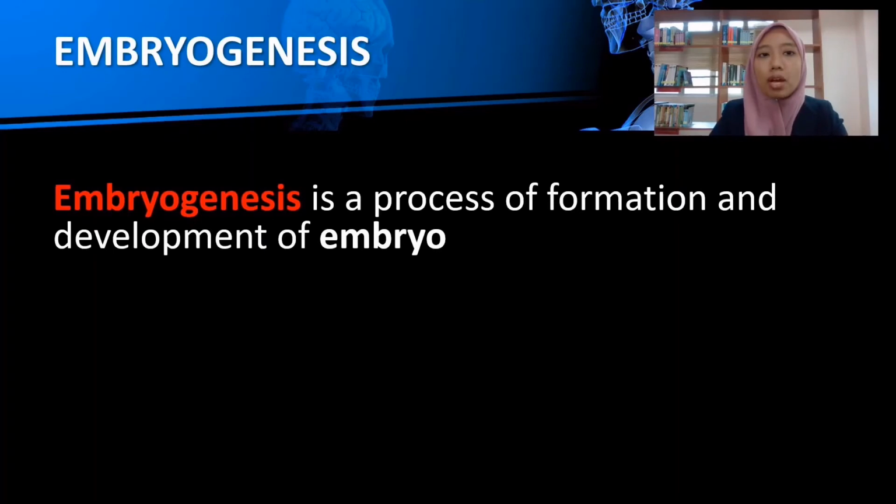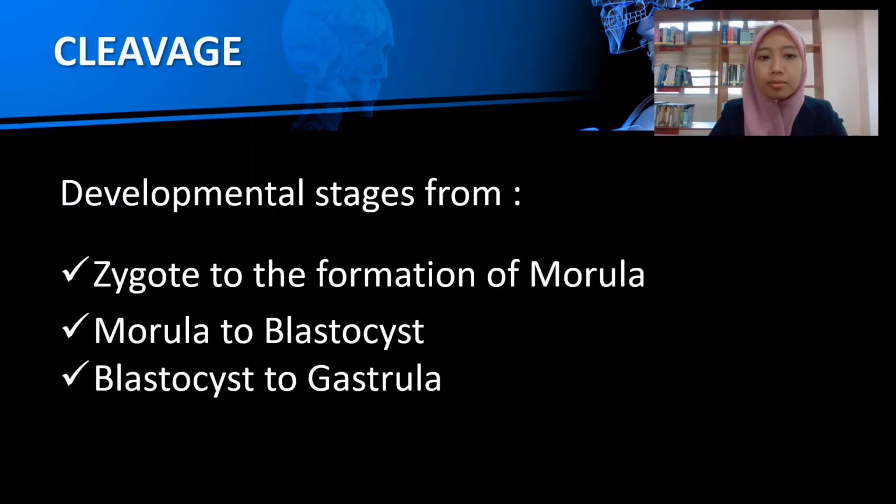What is embryogenesis? Embryogenesis is a process of formation and development of embryo. There are developmental stages from zygote to the formation of morula, morula to blastocyst, and the blastocyst to gastrula.